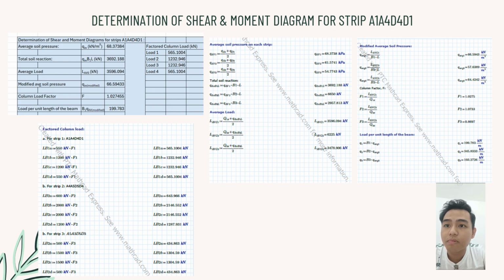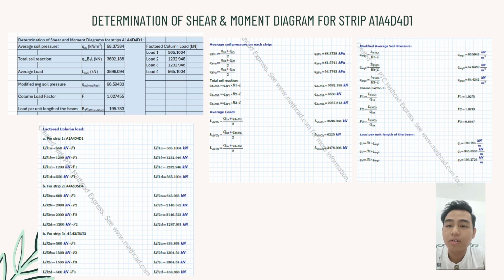the first strip, which is A1, A4, D4, and D1, has an average soil pressure of 68.37, and the column load factor for strip 1 is 1.03. Hence, the load per unit length of the beam is 199.78.